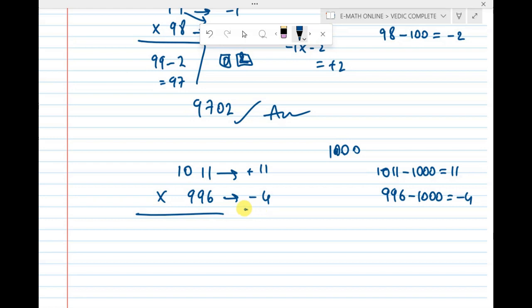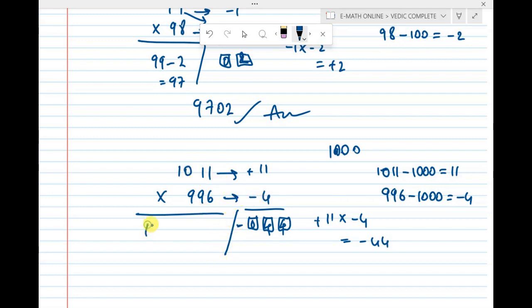Minus 4. Fine. So just multiply these two numbers, plus 11 into minus 4, how much is it? Minus 44. The base has 3 zeros, so write down 3 empty boxes and write 44, and one box is empty, so take 0. And this is all minus.